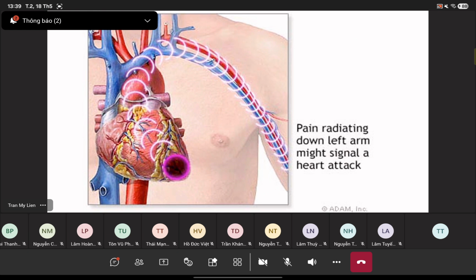The pain radiating down the left arm may signal a heart attack or MI, myocardial infarction.